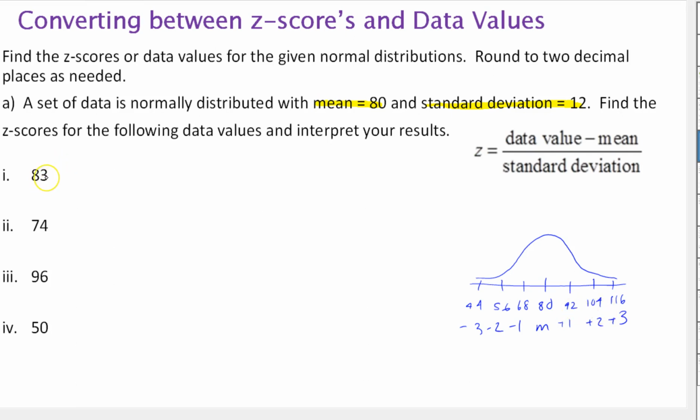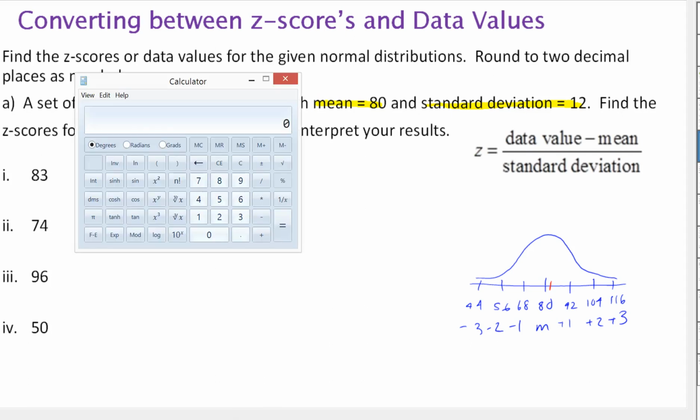So the first one is 83, so that's in here somewhere. That's going to be between 0 and 1 standard deviations from the mean. To find the exact value, we have 83 minus 80 divided by 12. That is 3/12, which is 1/4.